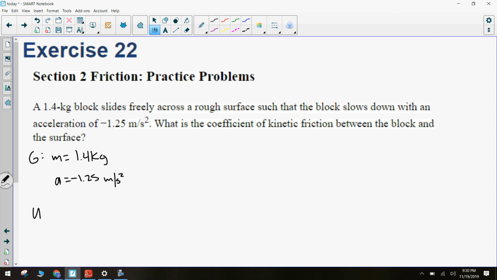So our unknown is our mu. Alright, so let's draw our free body diagram. Going straight down, we have the force of gravity, and Fg is going to be equal to m times g equals 1.4 times 9.8.